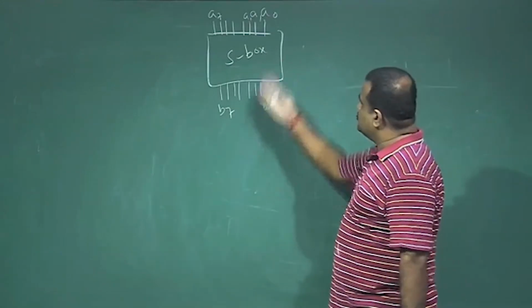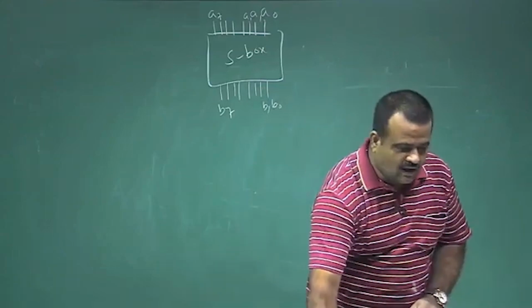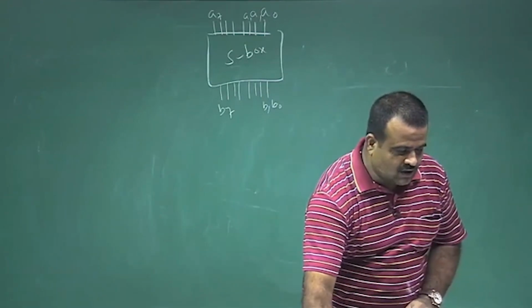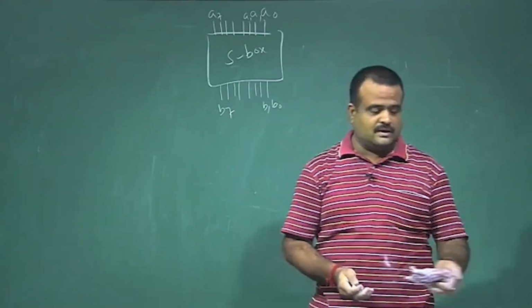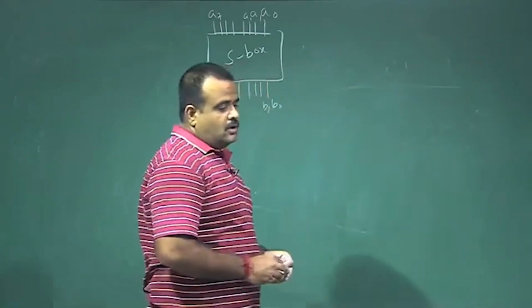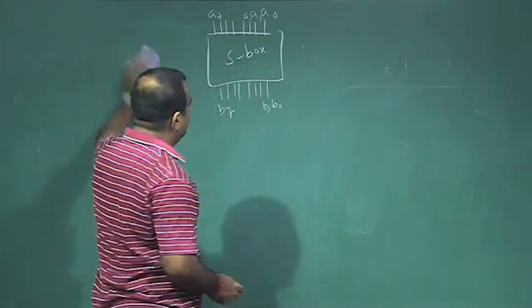How we get the b's from the a's, that we will discuss. So that is basically the AES S box operation. Can you go to the slide please? So this is basically the sub byte operation for AES.